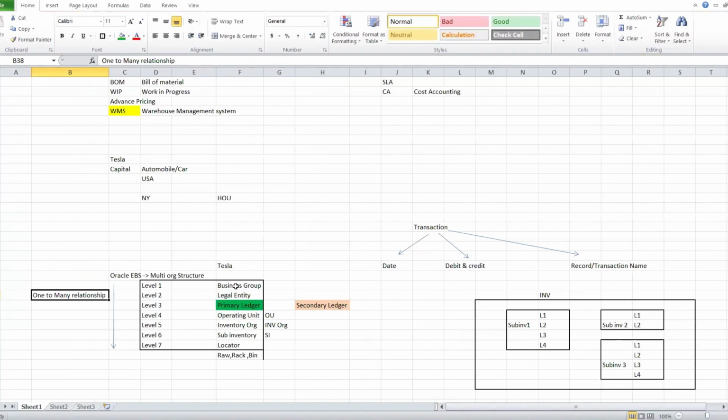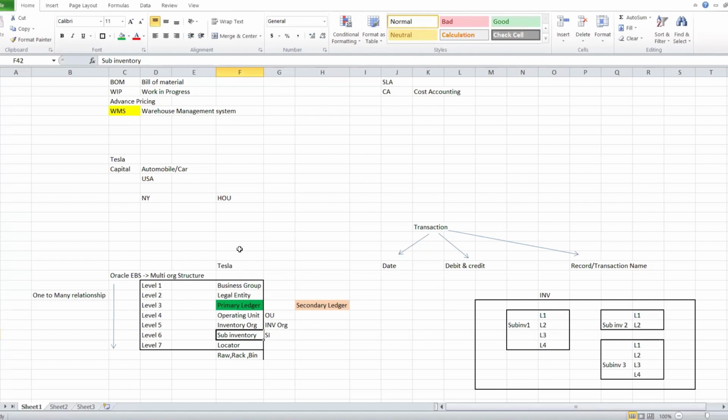That means one business group can have multiple legal entities, one legal entity can have multiple primary ledgers or secondary ledgers, or multiple ledgers. One ledger can have multiple operating units, one operating unit can have multiple inventory orgs, one inventory org can have multiple sub inventories, and one sub inventory can have multiple locators, right?